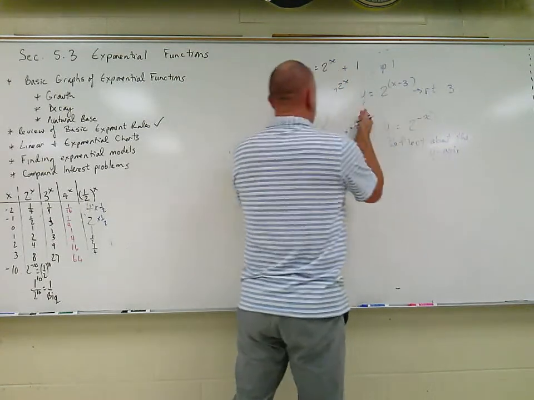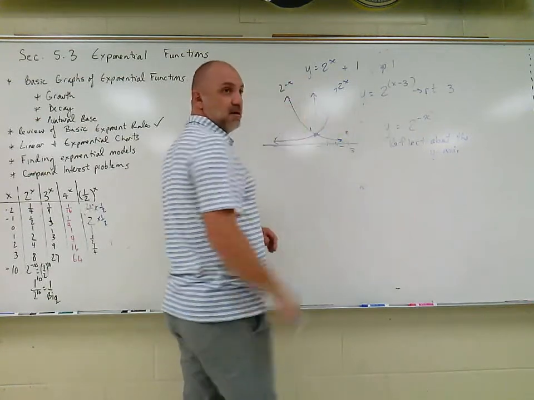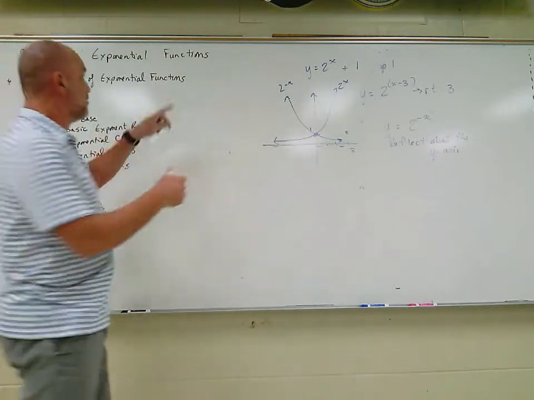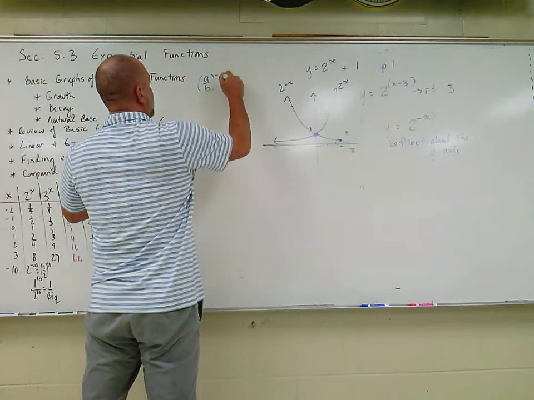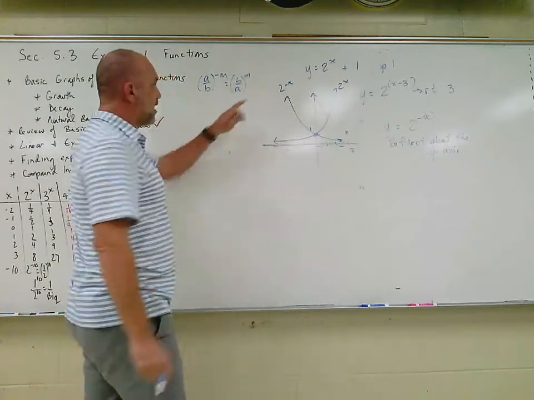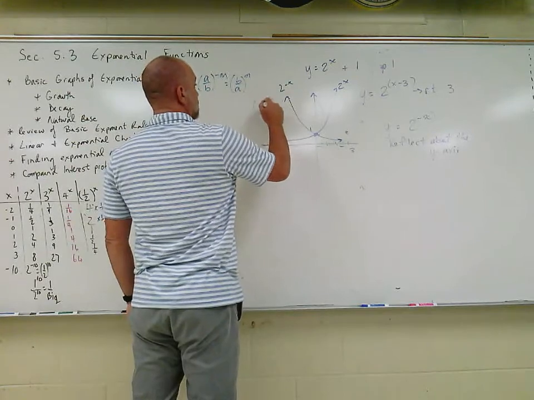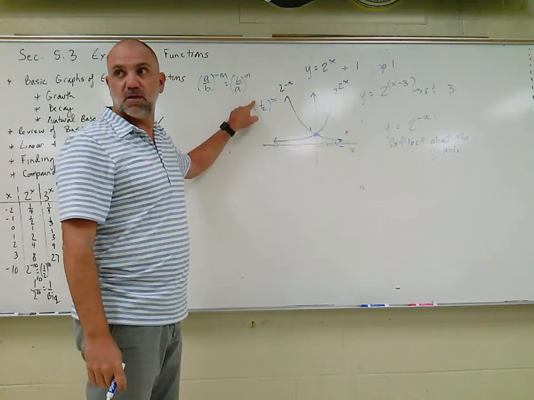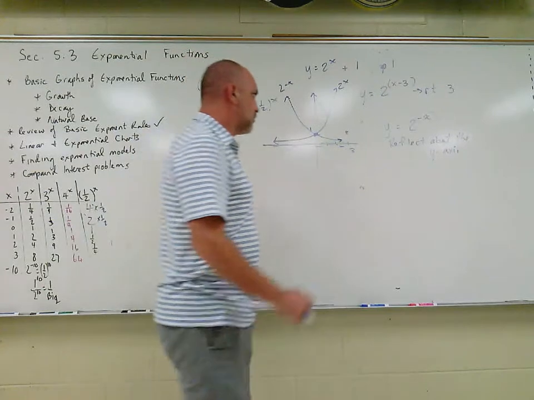But if I do 2 to the negative x, it flips this way. Look what it becomes. Decay. And remember the property I talked about earlier today: if you have a negative exponent, I can flip the fraction and it becomes a positive exponent. So if I flip 2, those are the same graph. 2 to the negative x and 1/2 to the x are the same. So the negative exponent reflects about the y.